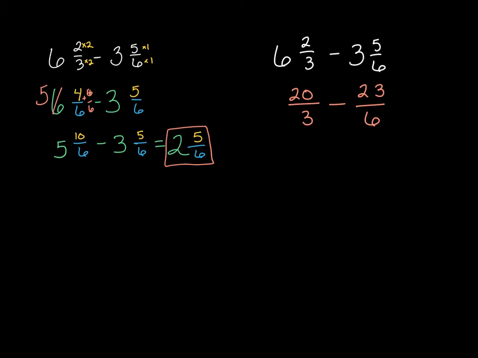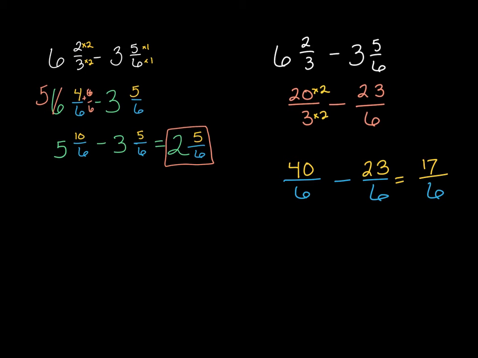Now it looks like that's not going to work either, but remember we don't have a common denominator yet. So our denominator is 6. This one has to be multiplied by 2. So we have 40 over 6 minus 23 over 6, which gives us 40 minus 23 is 17 over 6.